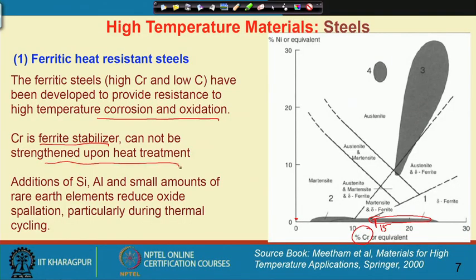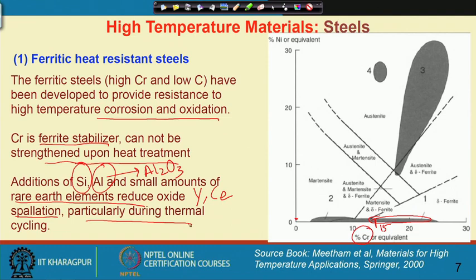However, we can go for the addition of silicon and aluminum, and small amounts of some rare earth elements which reduce oxide spallation. You have already discussed that yttrium and cerium and so on have a pegging effect or mechanical keying effect, which gives good adherence of the alumina that appears at higher temperature on the surface of the material and gives us good protection for high temperature exposure.